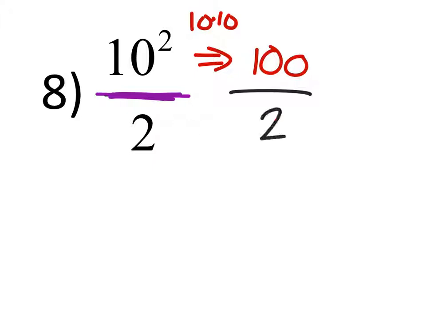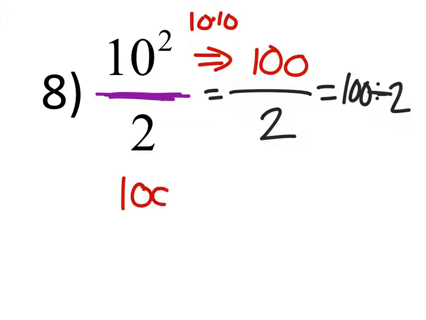Now again, we have that divided by 2. So we're ready to divide this, and yes, we can rewrite this as 100 divided by 2. That's better. But if we do this long division way, we've got 100 divided by 2.